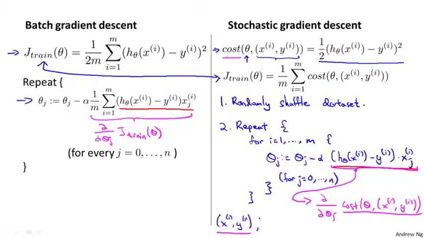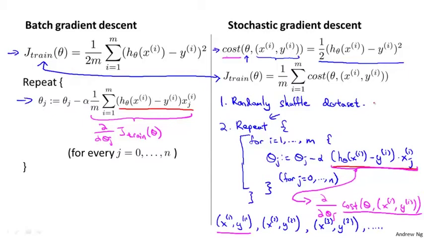Having done this, inside this inner for loop it then goes on to the second training example, and takes another little step in parameter space, modifying the parameters just a little bit to try to fit just the second training example a little bit better. Having done that, it then goes on to my third training example and modifies the parameters to try to fit just the third training example a little bit better, and so on until it gets through the entire training set. And then this outer repeat loop may cause it to take multiple passes over the entire training set.